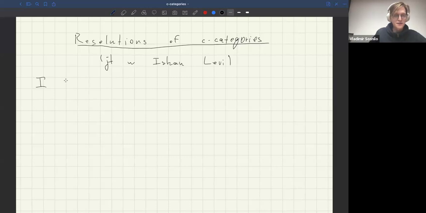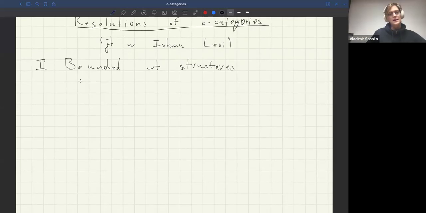So I'm going to start with bounded weight structures and weight structures in general. So yeah, let me quickly give you a definition. So let's say C is a stable infinity category.